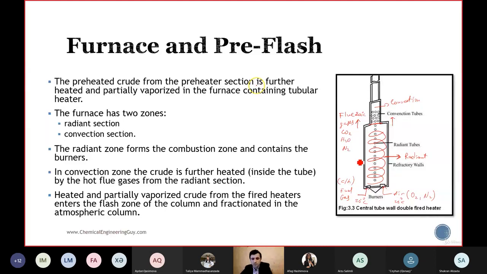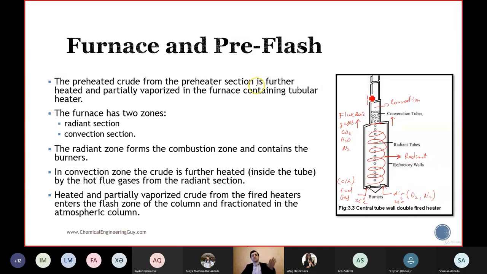Then you can add some more tubes here. In the convection section, you use the heat from the flue gases to heat your other streams. You can even produce steam here: you have water inlet, and because of the high temperature, it leaves as steam. And then your flue gases leave the convection section at 120 Celsius.